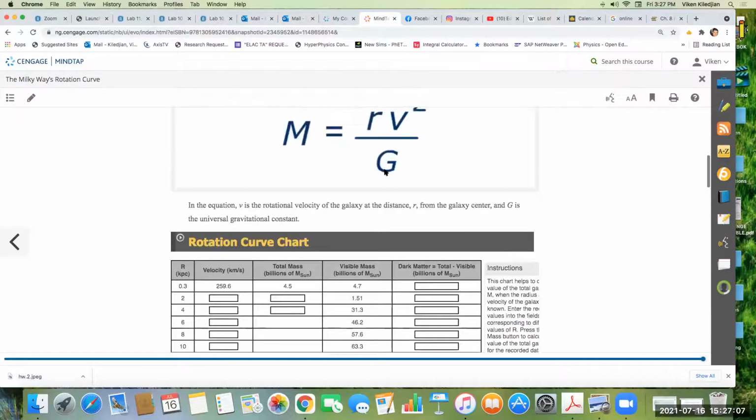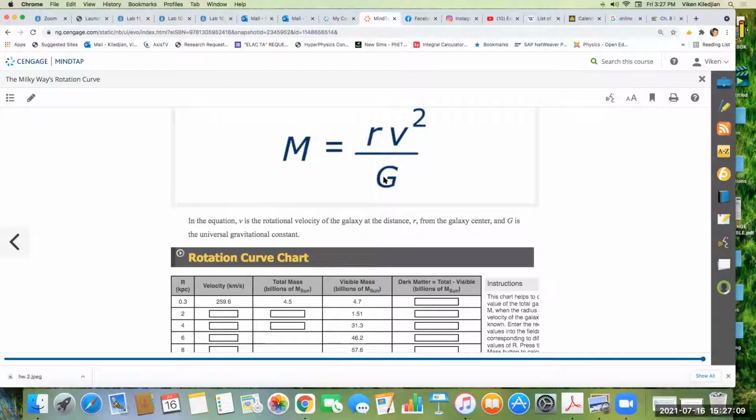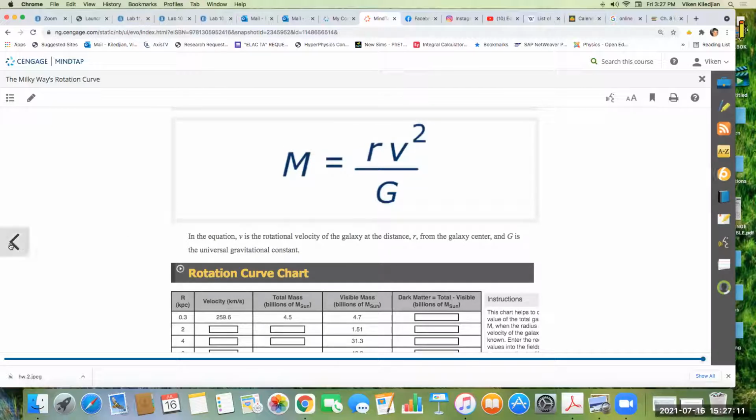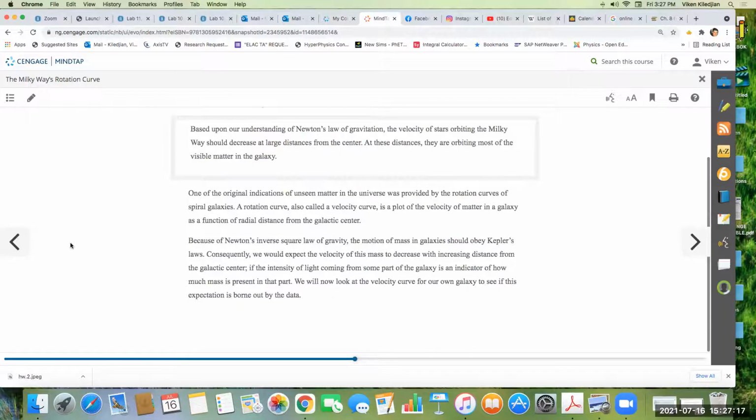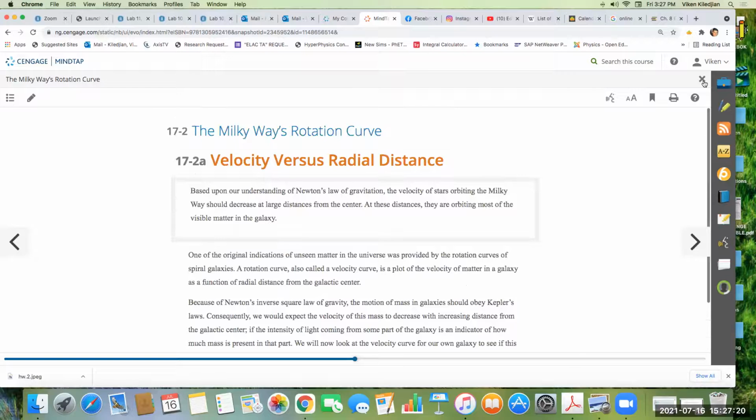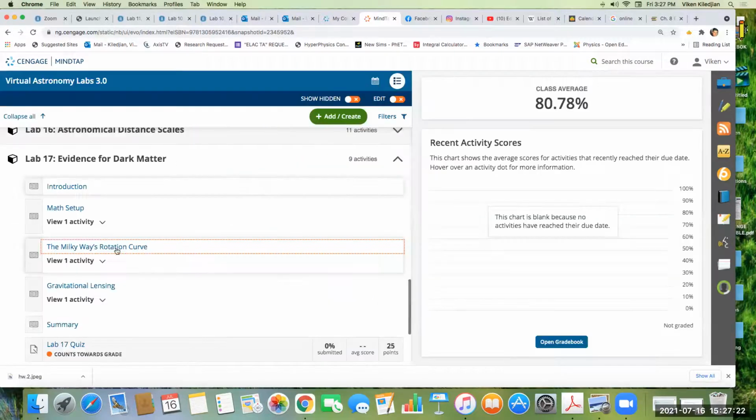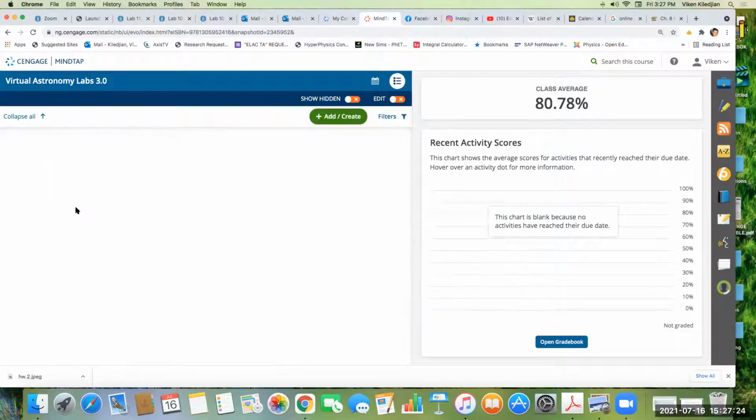Of course, the constant of gravity we're going to use is going to be the one in the units of this one here. Let's keep that in mind.